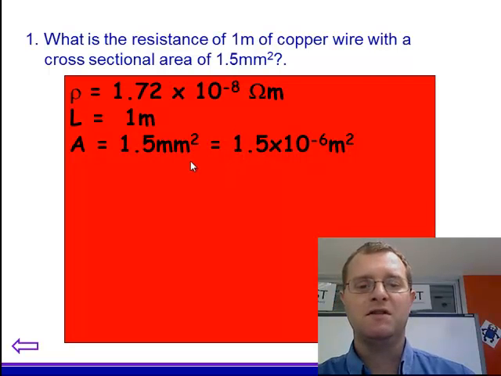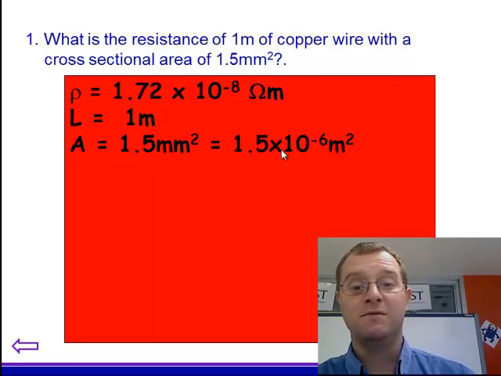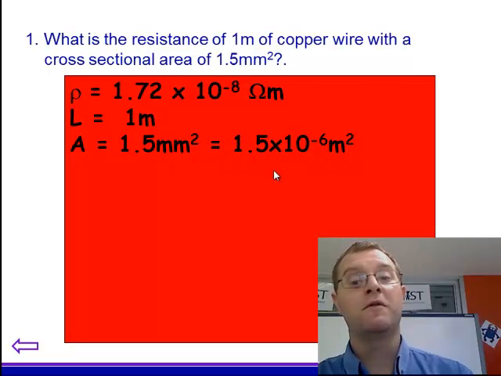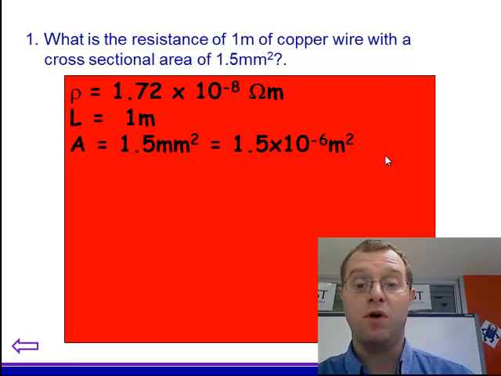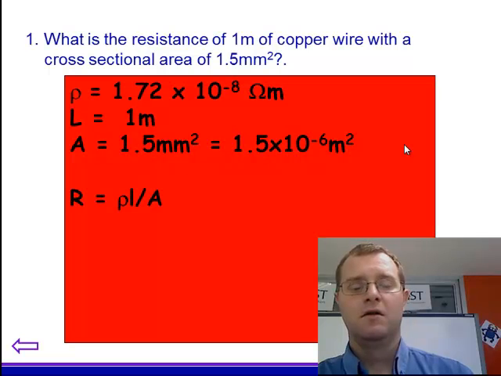So remember, thinking about this, milli is 10 to the minus 3. So 10 to the minus 3 squared gives me times 10 to the minus 6. So I've got 1.5 times 10 to the minus 6 metres squared. That's what I've been given. My unknown is resistance, and my equation is as shown.